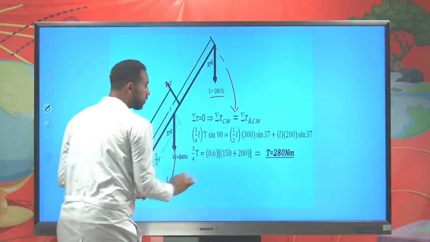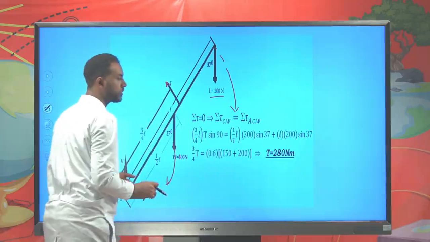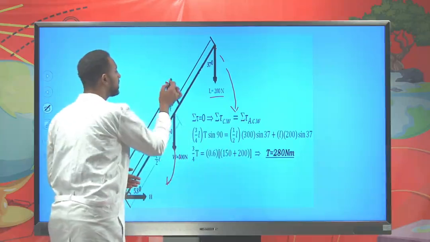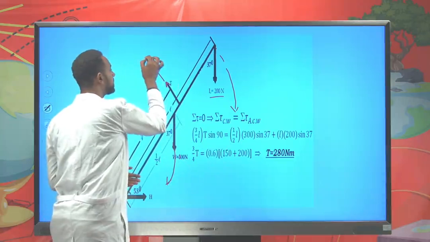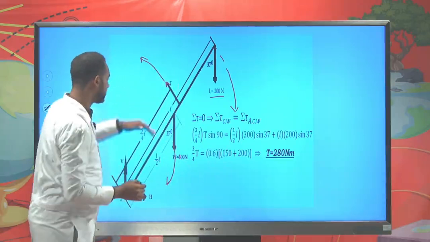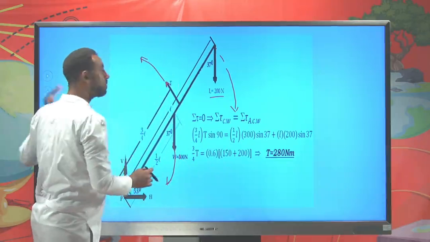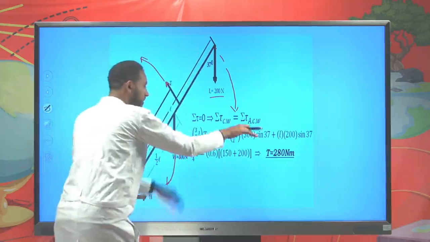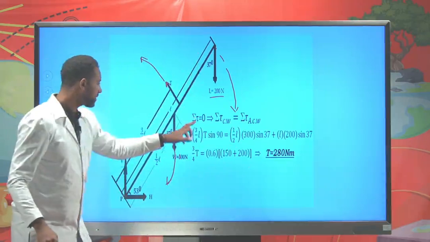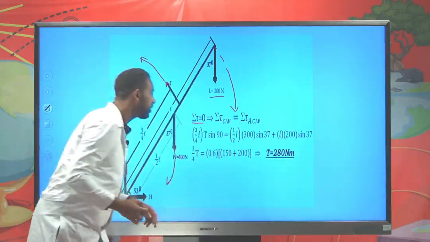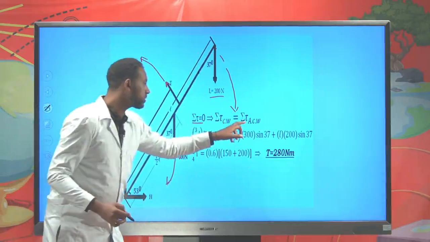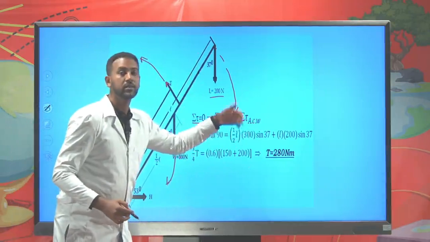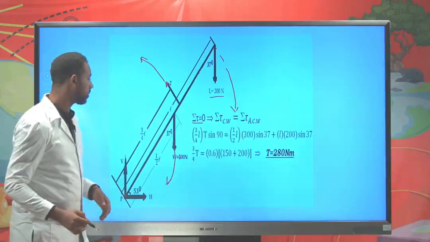Now, there is a tension T on the cable and that tends to act counterclockwise. So counterclockwise torque must be balanced by clockwise torque. So the summation of net torque must be 0. The summation of torque acting clockwise must equal the summation of torque acting counterclockwise.